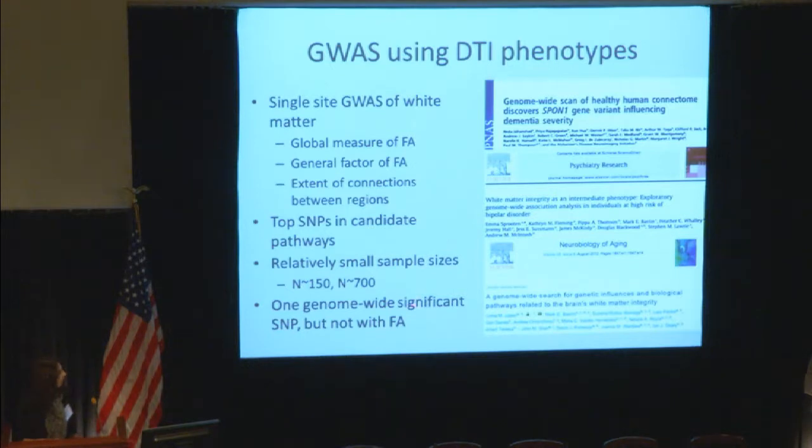There's been a couple using FA. And there have been some almost significant hits in candidate pathways, but nothing has reached genome-wide significance, except a recent paper, which used tractography and Hardy models, not actually the DTI model.